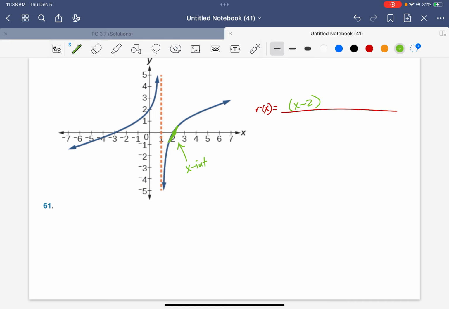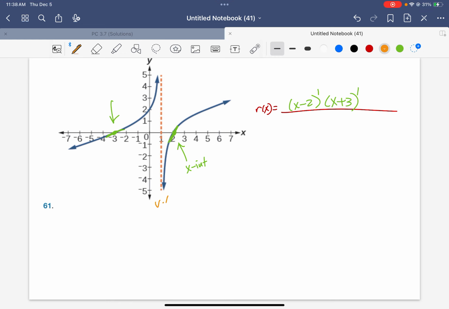Since it crosses locally, that means it wants to act like x, so it's going to be some sort of odd number. So I'm going to put a 1. We also have a 0 over here at -3, so that means x plus 3 is a factor. And since it crosses there, I think locally that's going to be raised to the first.